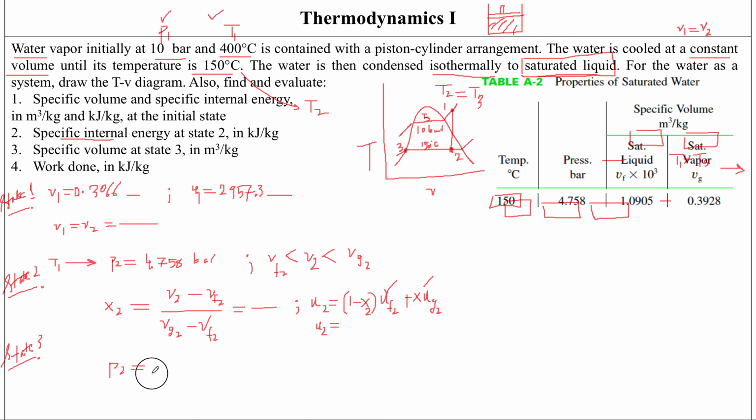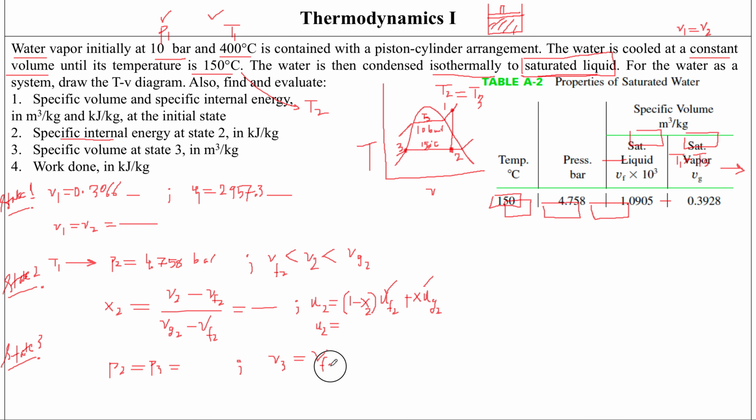something I already found out, P2. So P2 is equal to P3, which is 4.758 bars. And what else? I need to find out the value for specific volume at state 3, which is basically going to be equal to, because I'm right at this point now, V3 is going to be equal to Vf, because Vf is on the saturated liquid line.